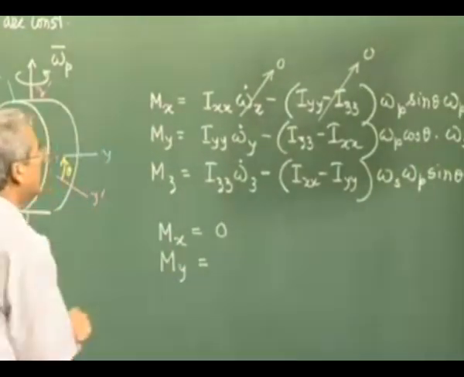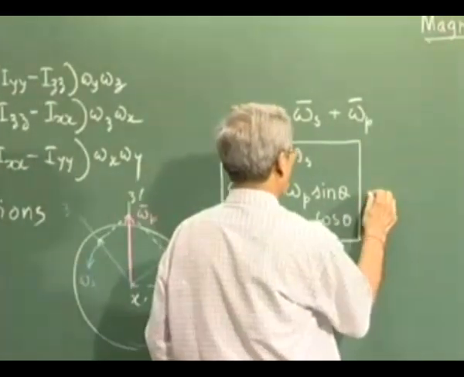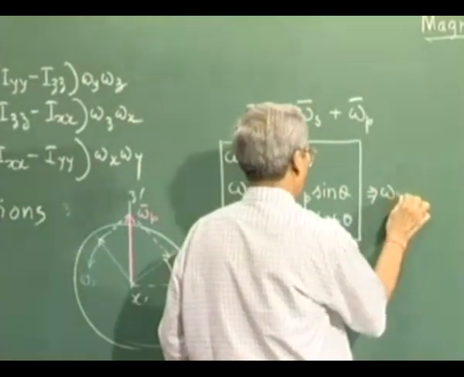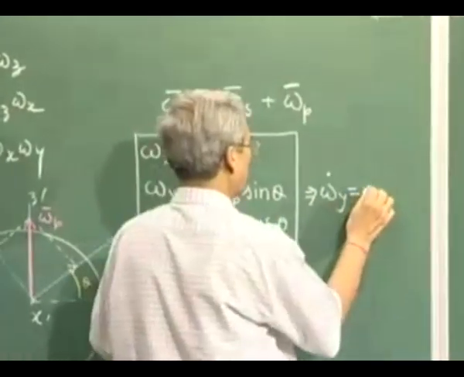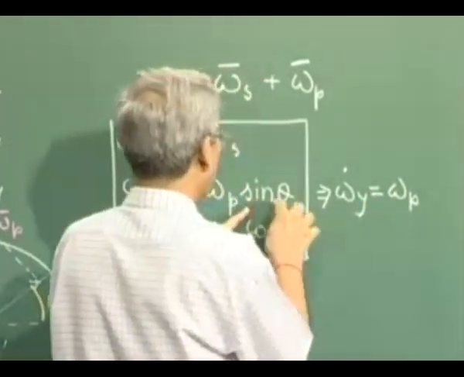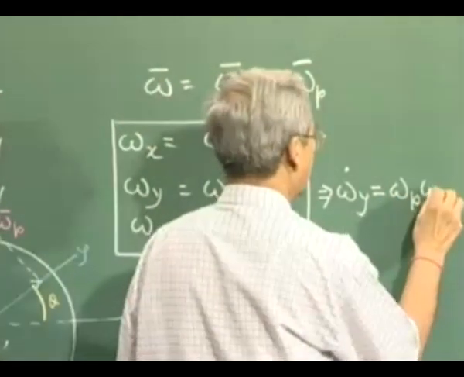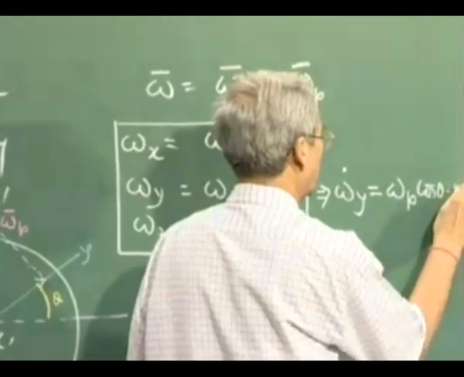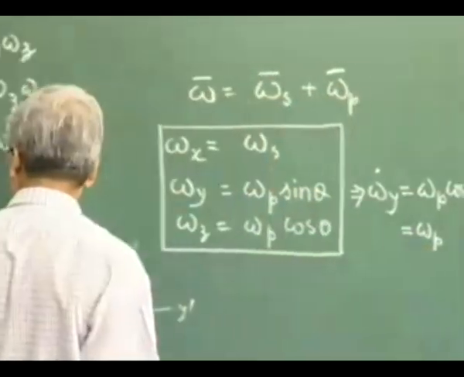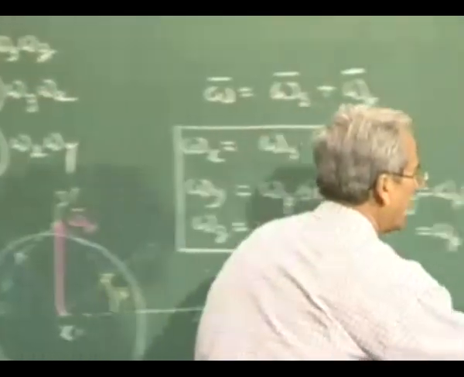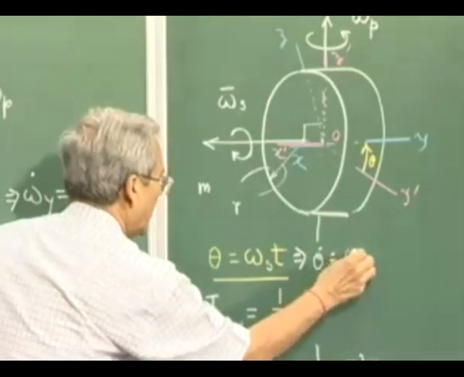M_y is now I_yy ω_y dot. ω_p is constant, so it will remain ω_p. Differentiate sin θ with time, it will be cosine θ into θ dot, and that is nothing but ω_p, and θ dot from here is equal to ω_s.